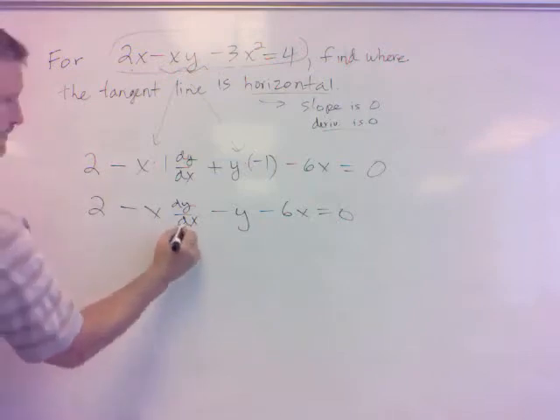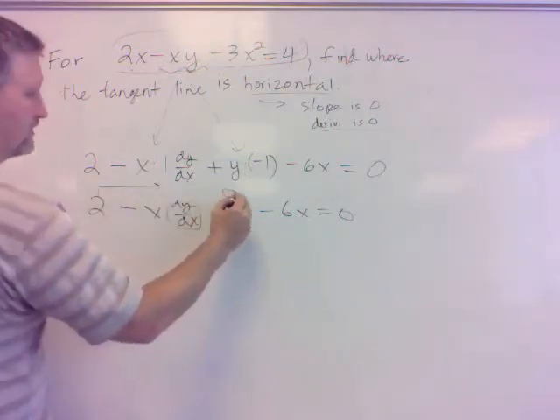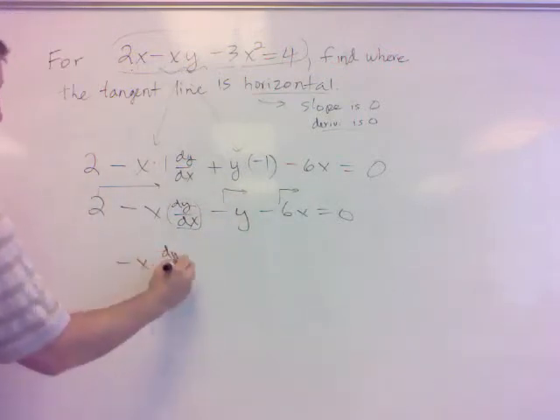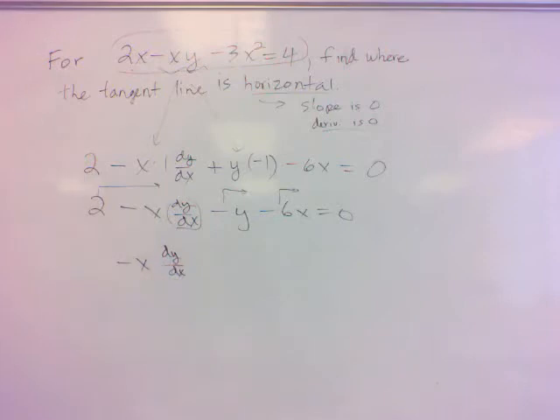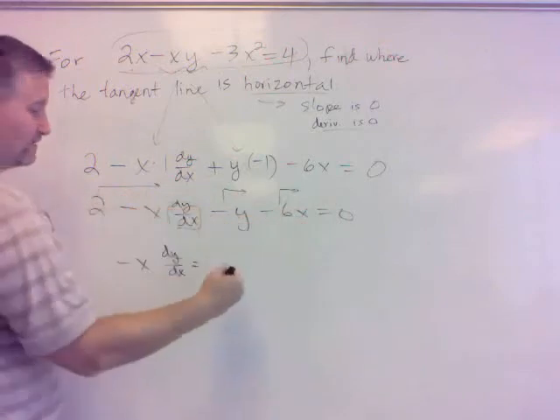Okay, so I'm trying to find the derivative, so I need to get dy dx by itself, so I need to move these terms over to the other side. Matter of fact, we could do it the other way this time, couldn't we? Move the dy dx over there, might be easier, but oh well.